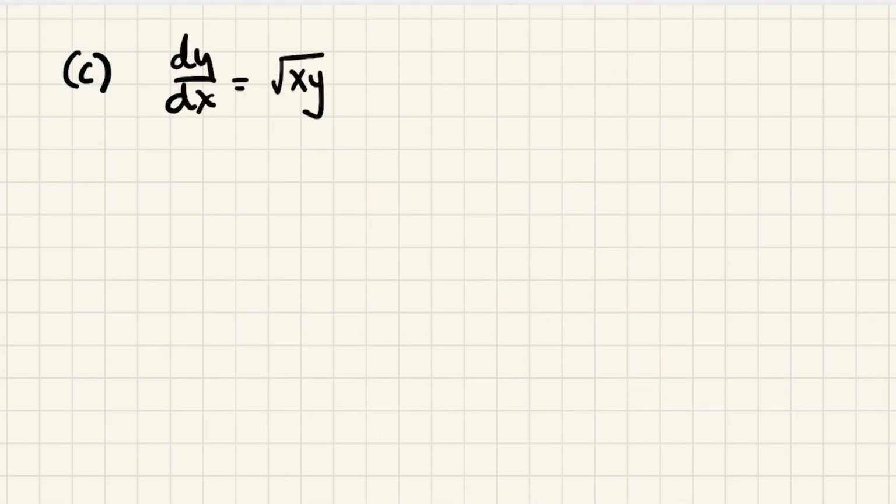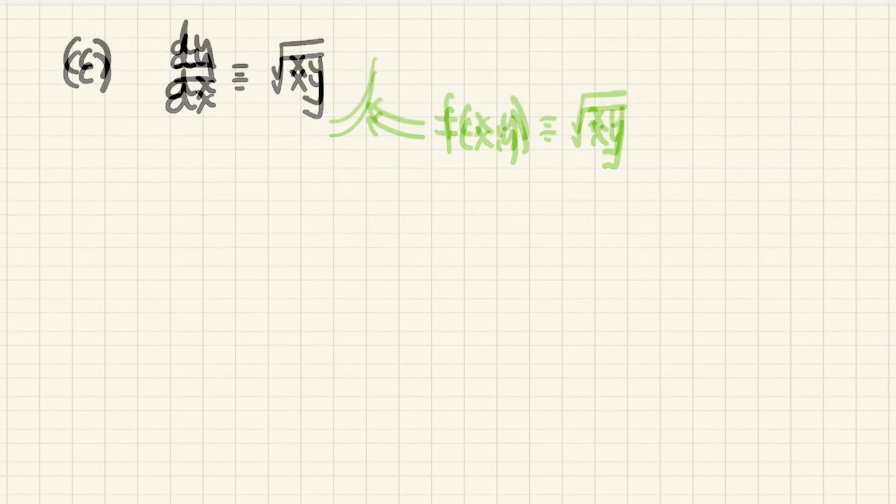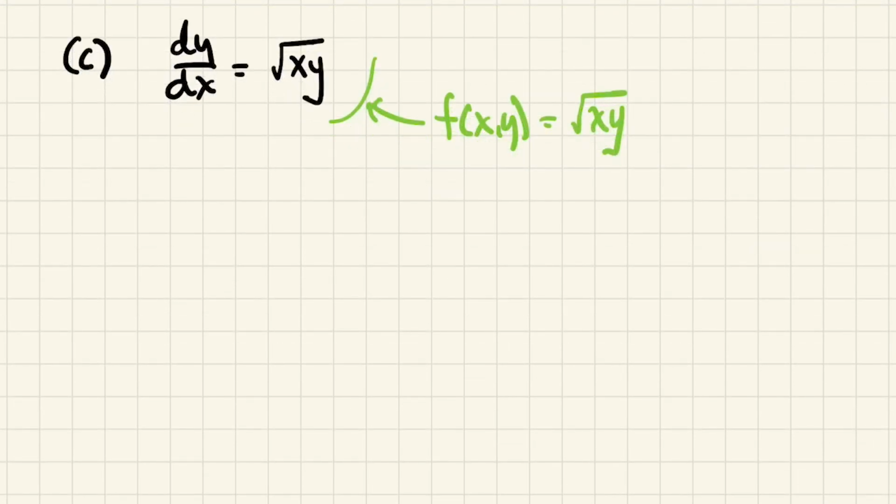All right, let's do the same thing to this one. So we can see here that our f of x, y, this is already in normal form. So we know that f(x, y) is defined when the product xy is greater than or equal to 0. And it'll be continuous everywhere it's defined.